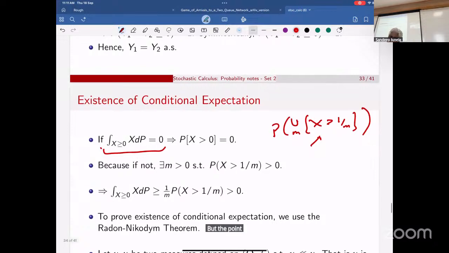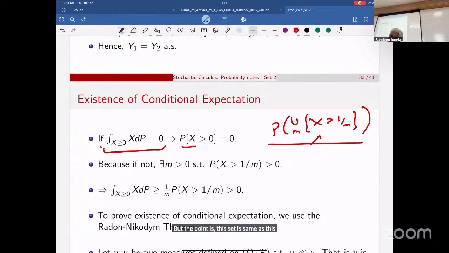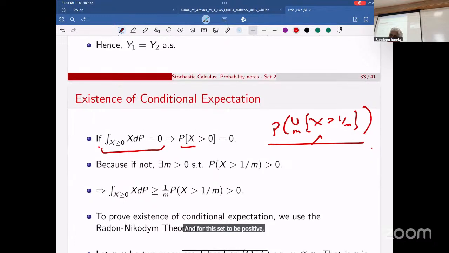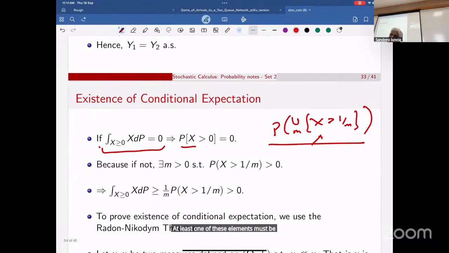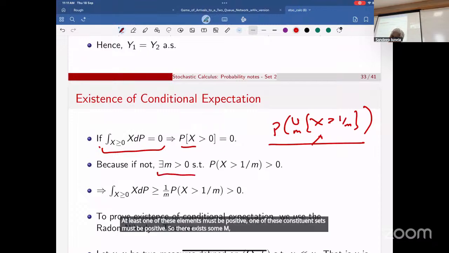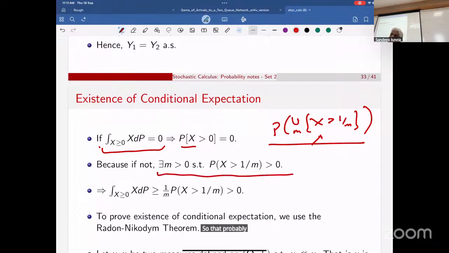But the point is this set is the same as this set. And for this set to have positive probability, at least one of these constituent sets must have positive probability. So there exists some m so that the probability of x greater than 1 by m is greater than 0. That must be true, because if all of these were 0, then the union would also be 0. So then this integral here is bounded from below by 1 by m times the probability of x greater than 1 by m.